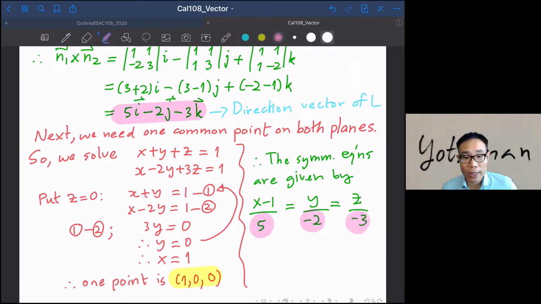Okay, so that is gonna be the symmetric equation for the line of intersection.